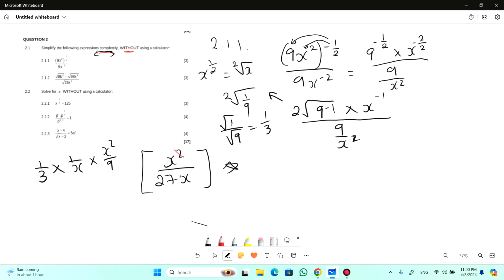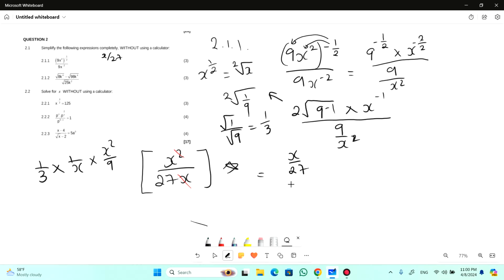So I'm going to remove 1 x here. Therefore my final answer will be x over 27.